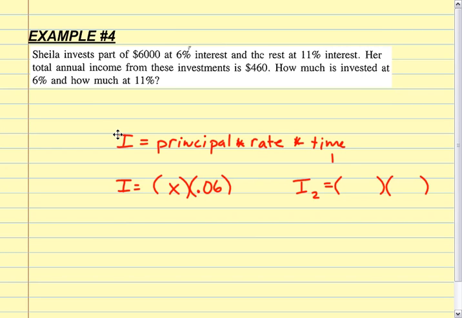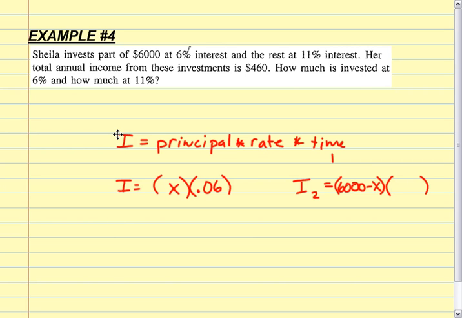Think about this. The total amount that I invested was $6,000. I invested X at 6%. What do you think? Did you do 6,000 minus X? 6,000 minus X. For the second investment, whatever's left over.